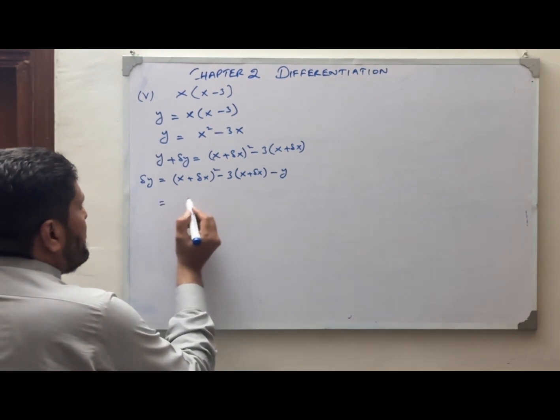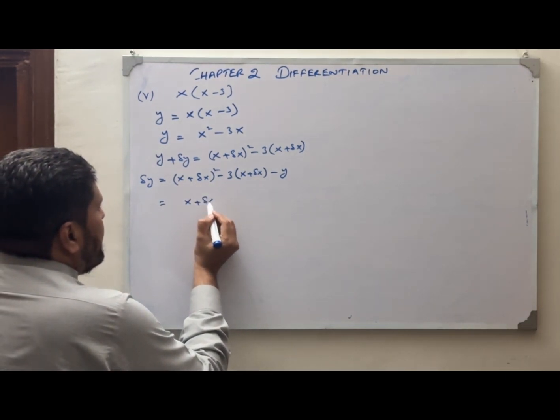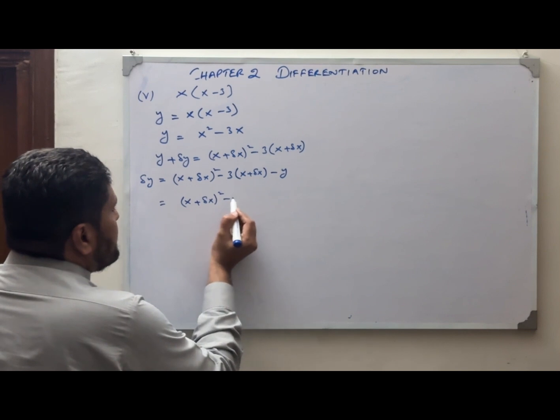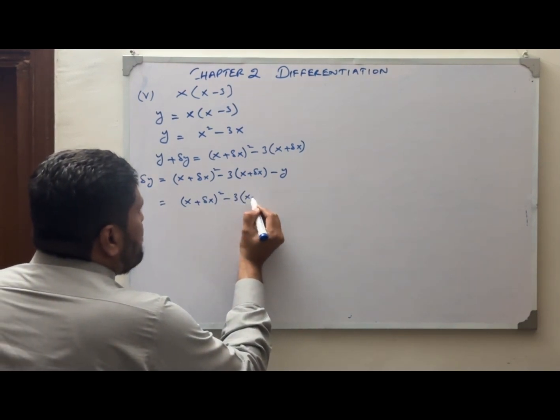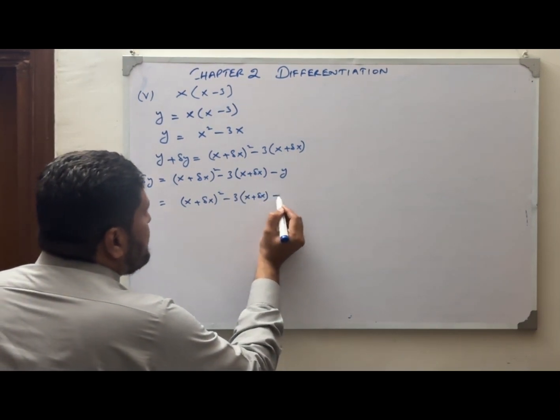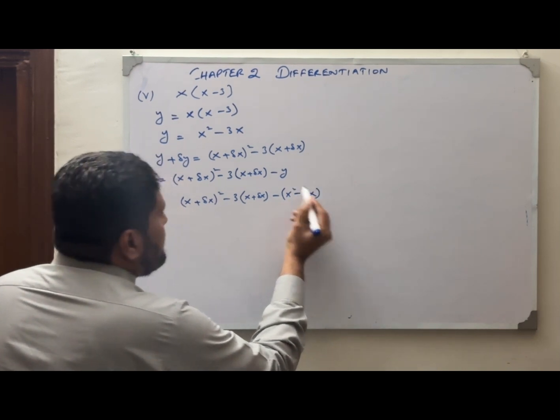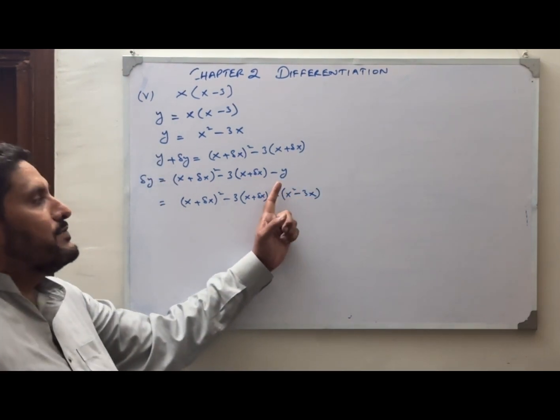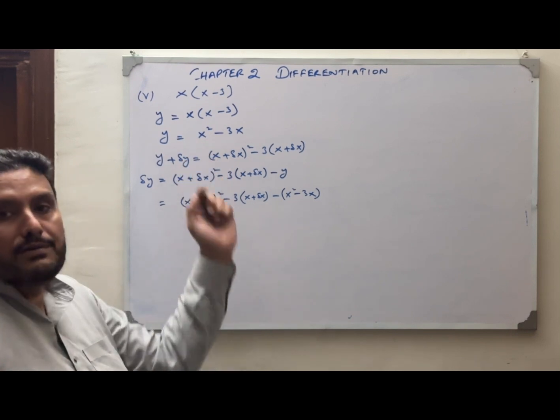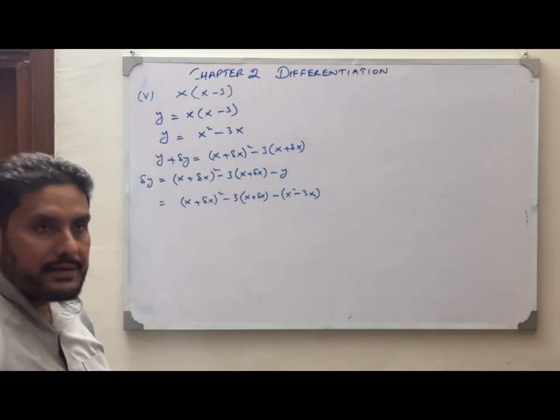So we can write it as x plus delta x whole square minus 3 into x plus delta x minus x square minus 3x, that is replaced with y, as y value is equal to x square minus 3x.